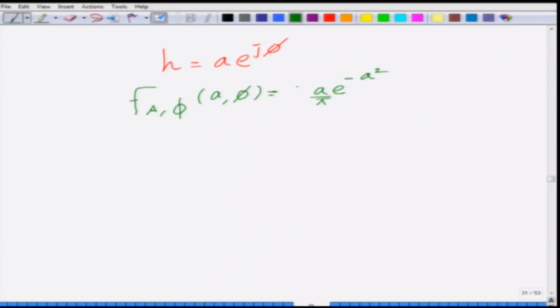We have already found the marginal density with respect to the channel coefficient a, that is f of a equals 2a e to the power of minus a square, and this we said is the Rayleigh distribution, or the Rayleigh density.